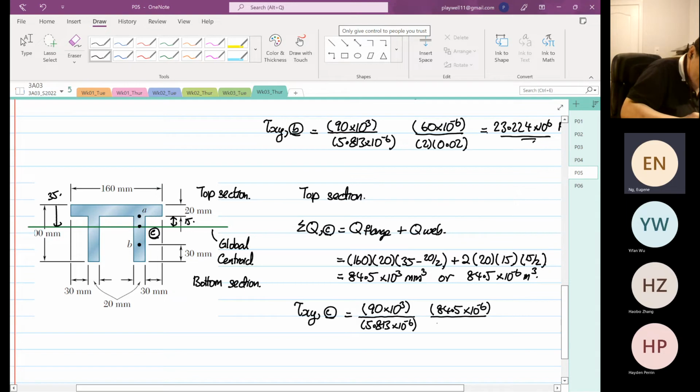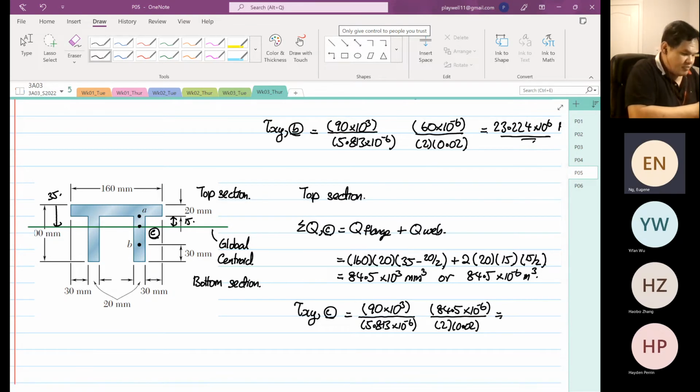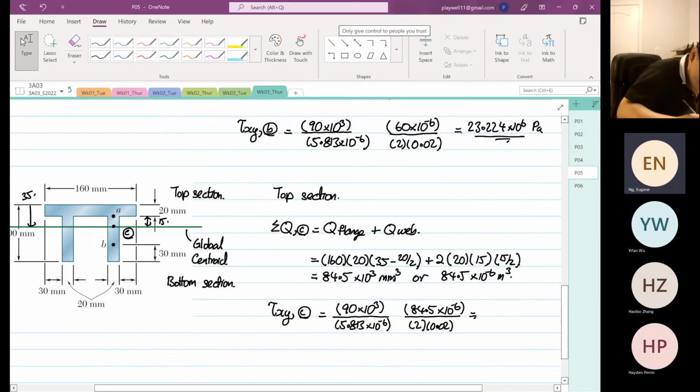And then the thickness will be twice 0.02, left and right. Okay. So 90 power 3 times 84.5 power minus 6 divided by 5.813 power minus 6 divided by 2 divided by 0.02 is equal to 32.706 or 707 times 10 to the power 6 Pascal.